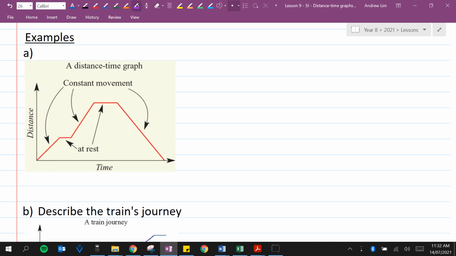What I want to do is label this A, B, C, D, and E. We'll just label each line segment. And I'm going to write some notes that B and D, the object is at rest, so they're not moving.